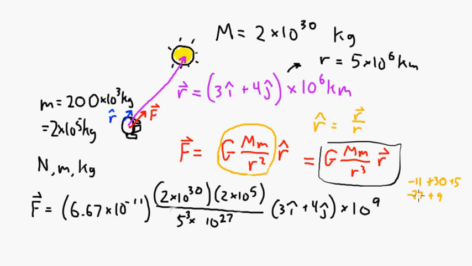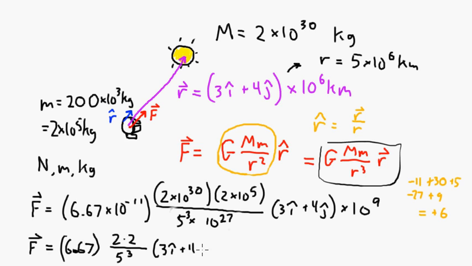So to make this a little easier, we can just do F equals 6.67 times 2 times 2 over 5 to the 3rd, times 3 i hat plus 4 j hat, and then everything times 10 to the 6th newtons.